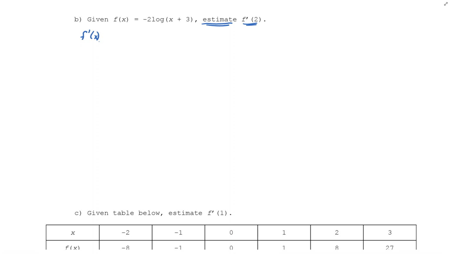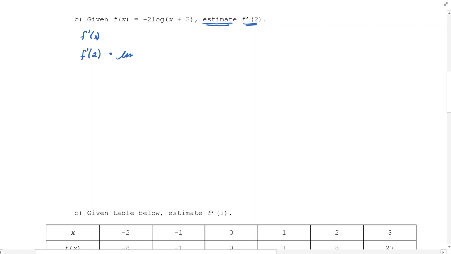If I try plugging in f prime at x, I'm going to get stopped and I'm not going to be able to get something to cancel. So instead of f prime at x, I'm going to be looking at f prime at 2.